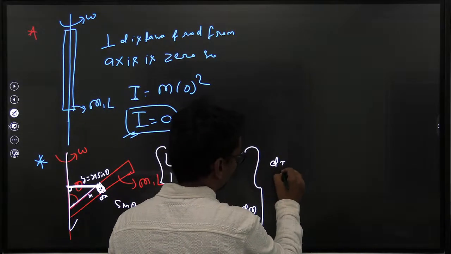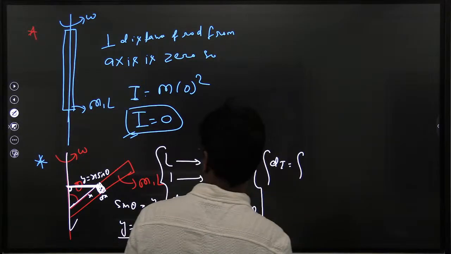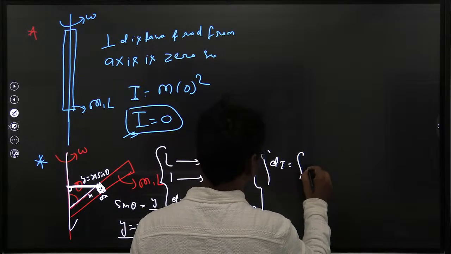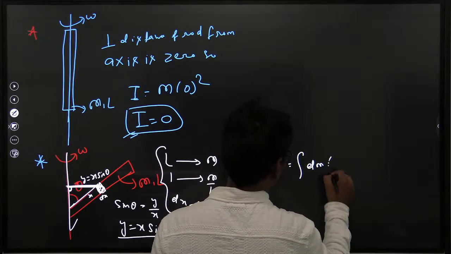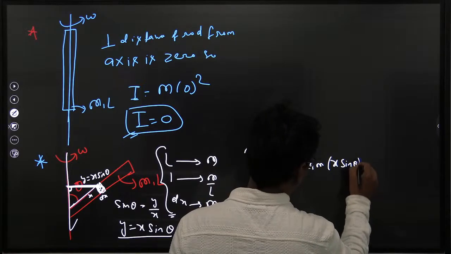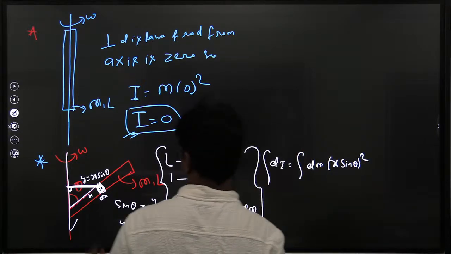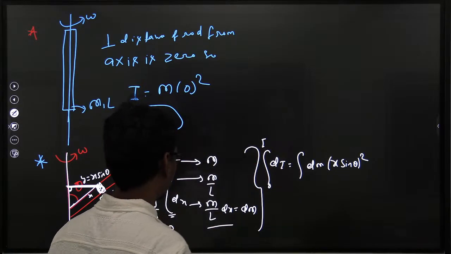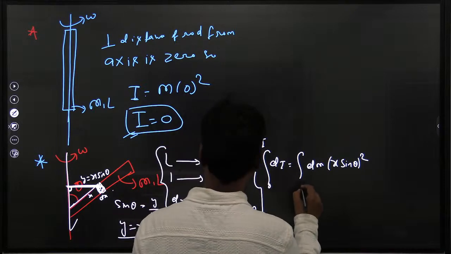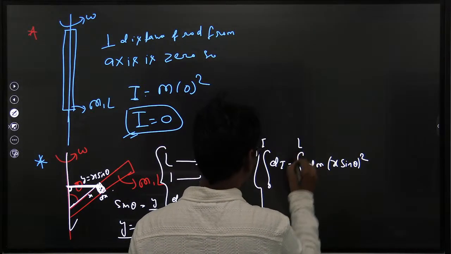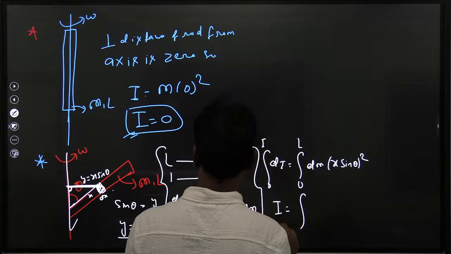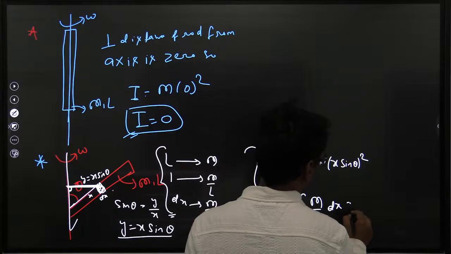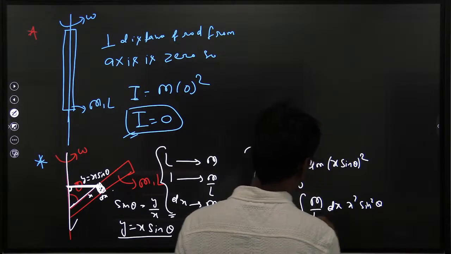Like dI is equal to dm times the perpendicular distance squared, means x sin theta, but this is the perpendicular length, no? So I is integral from 0 to L, and what is dm? dm is m by L dx, times x squared sin squared theta.